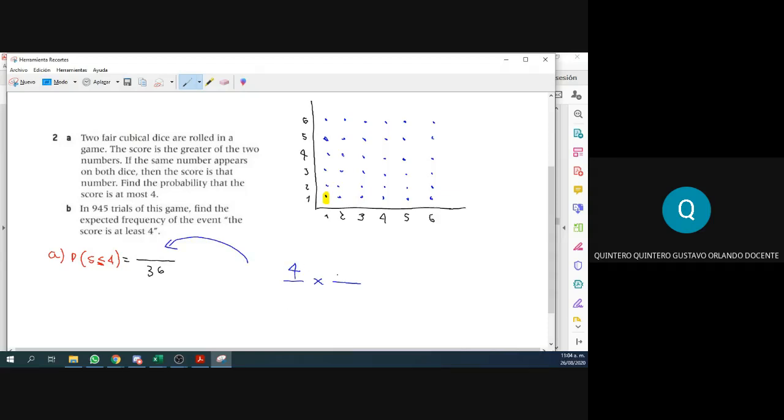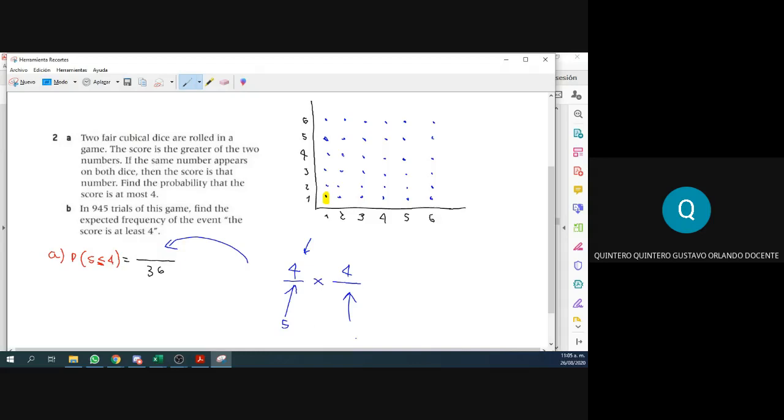But if you do 4 times 4, what you're saying is that in each of the spaces, you have a maximum of 4 possibilities. And you will be correct. Because if we get a 5, then the maximum score is the biggest one, right? It's 5.